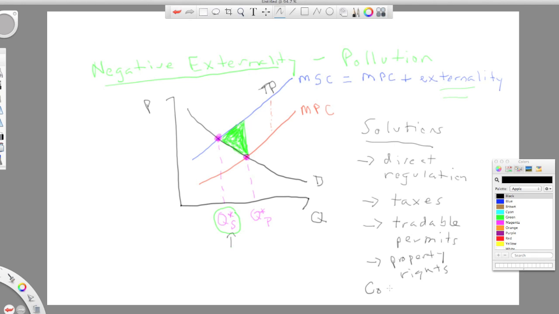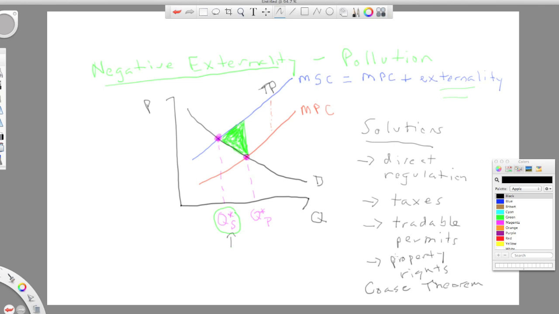This is sometimes referred to as the Coase theorem, after its originator, Ronald Coase, who was an economist at the University of Chicago for many, many years, very, very famous guy. And what Coase said is, look, the problem with externalities is that there simply aren't clearly defined property rights. So if we think about our pollution problem here, the reason that we have pollution of the air around Bellingham from the toilet paper factory is that no one owns the air.